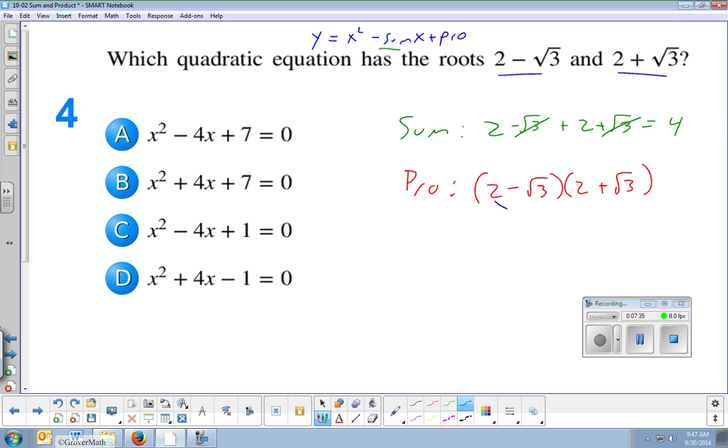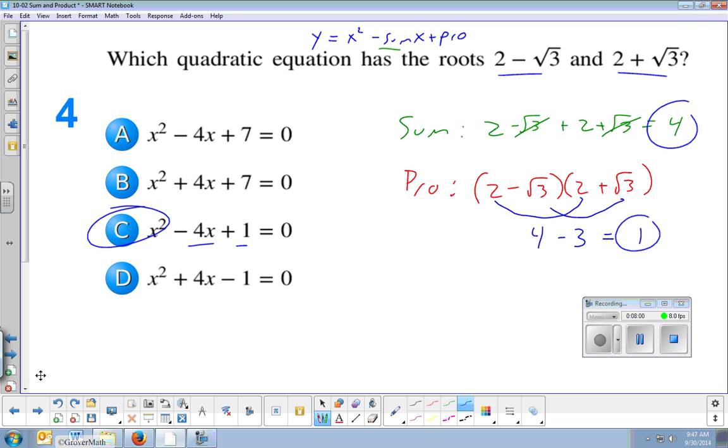So really you just need to multiply the two first terms. 2 times 2 is 4. And the two last terms, negative rad 3 times positive rad 3, is negative 3. And so 4 minus 3 is 1. So my sum is 4, my product is 1. So x squared minus the sum would be x squared minus 4x plus the product is 1.